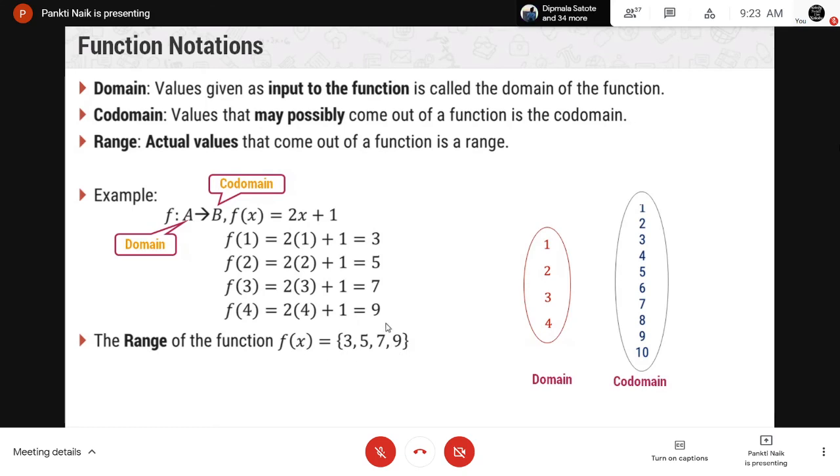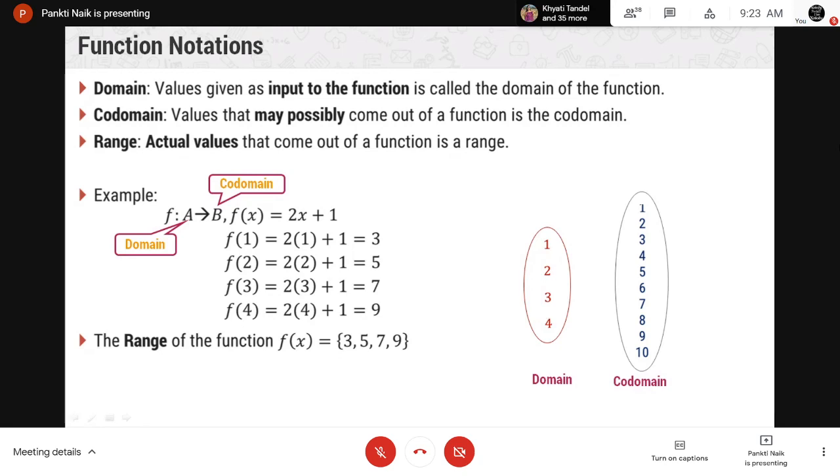The actual values that come out of the function, so that will become the range. Now what is the domain? What we give as input. So that is 1, 2, 3, 4. That will become the domain.